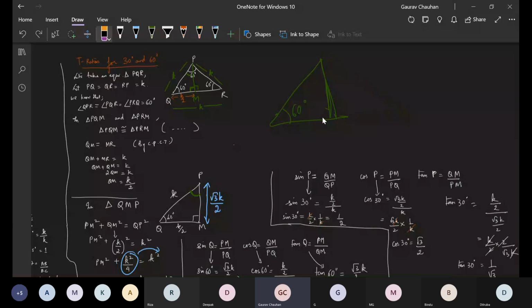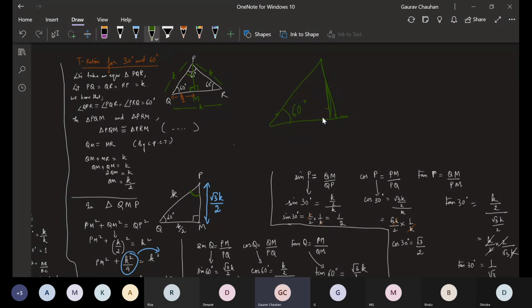Why we did all that effort is so that we can get everything in terms of k. This was k by 2, this was k, this was root 3 by 2 k. So that when we take ratios, it gets cancelled out. Otherwise you can just simply take any right triangle, no? But no, we want a right triangle which can represent any right triangle in the world where we have 60 degree. That's why that k is essential.